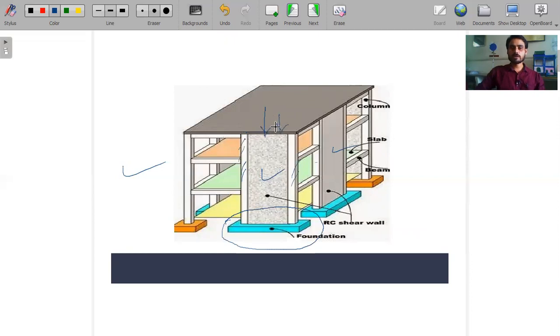If vertical load is applied on it, it works like a column, so it is designed on the basis of column concepts for vertical loading. And here is again a shear wall.